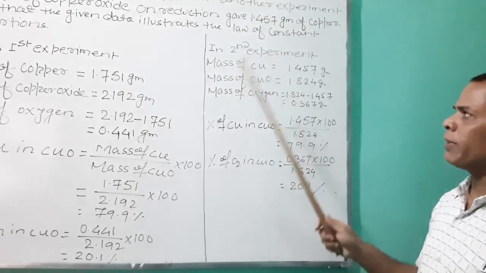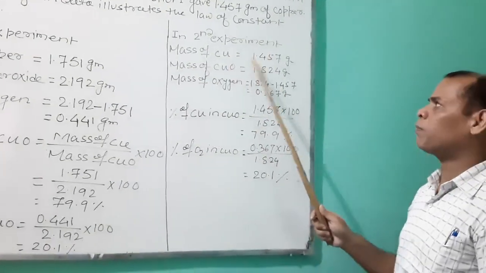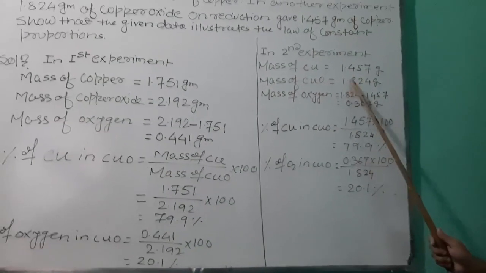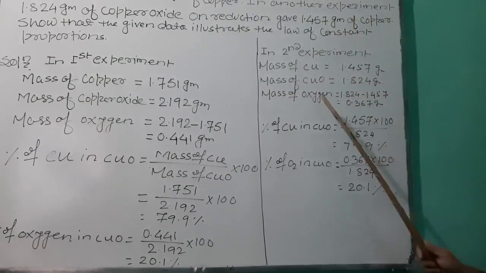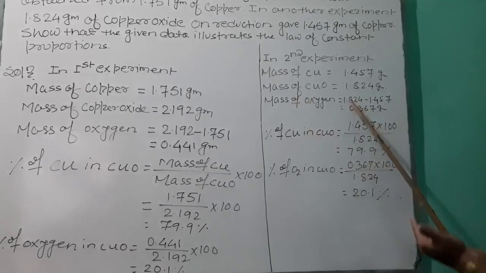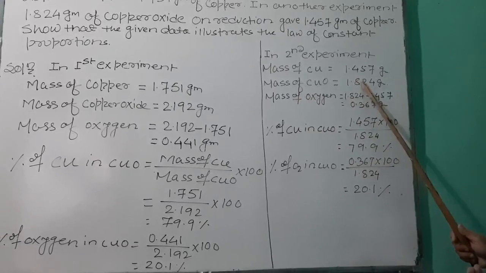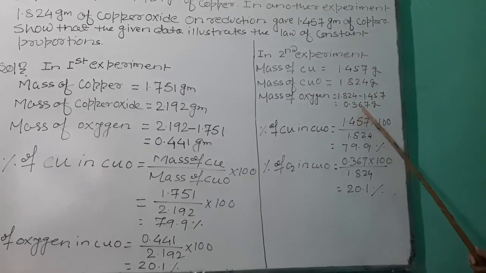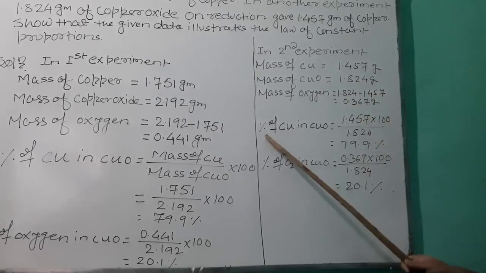Now let us come to the second experiment. In the second experiment, the mass of copper is 1.457, the mass of copper oxide is 1.824 gram, and the mass of oxygen we obtain by subtracting the mass of copper from the mass of copper oxide. We are getting 0.367 gram.